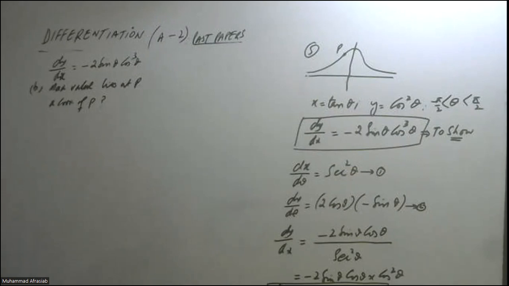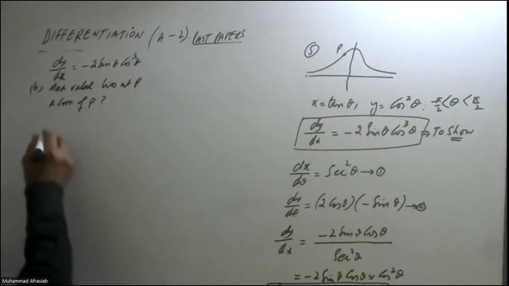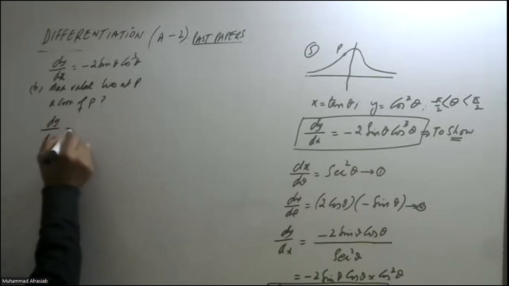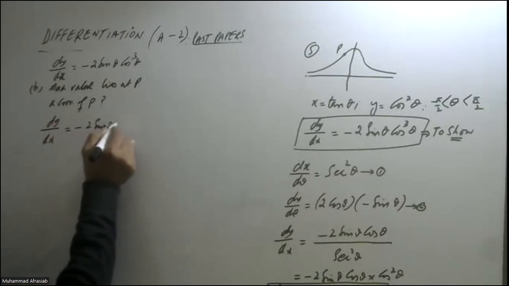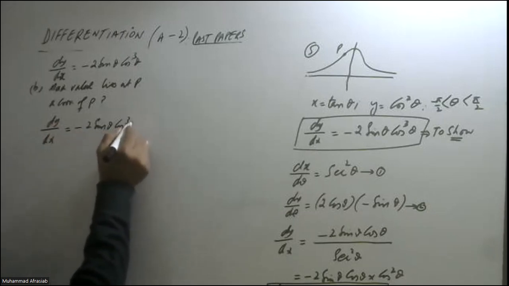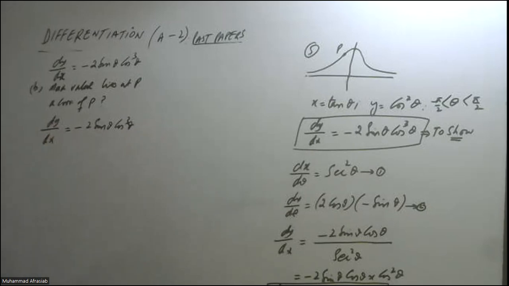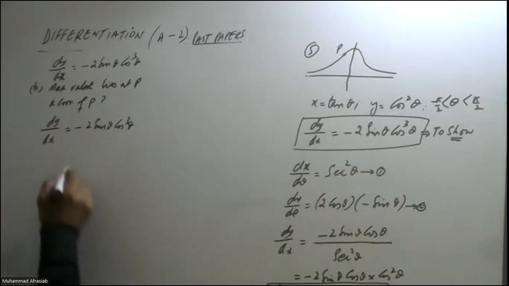Whenever it is a maximum or minimum, you will have to find the second derivative. So dy/dx is equal to minus 2 sin θ into cos³θ. Because it is in parametric form, we will first change it in terms of x and y.